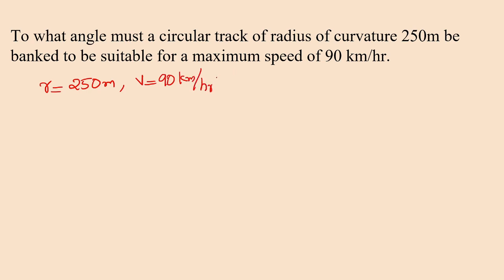But we have to convert this into meter per second. For that we can multiply the value with 5 by 18. So we have the optimum speed as 25 meter per second.